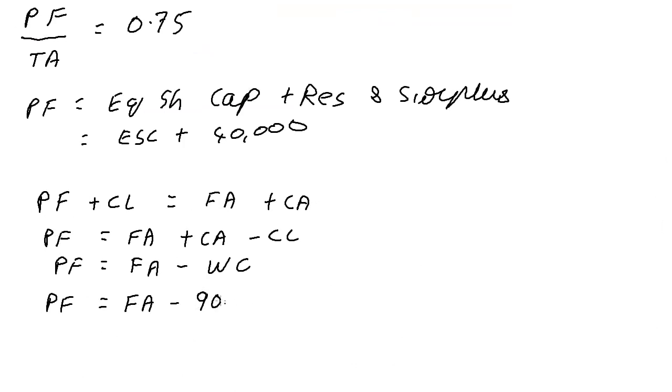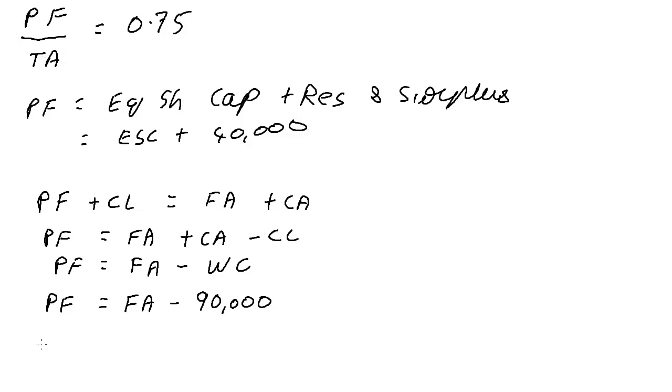The reason I'm doing this is now we have one equation where proprietors fund is equal to fixed assets minus 90,000, and our second formula is going to rely on the information that we have as far as our proprietary ratio is concerned. Remember that the proprietary ratio is equal to proprietors funds upon total assets.